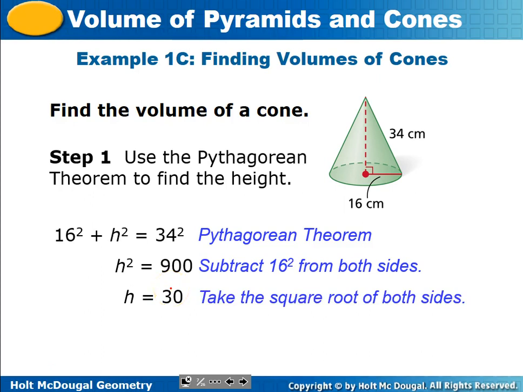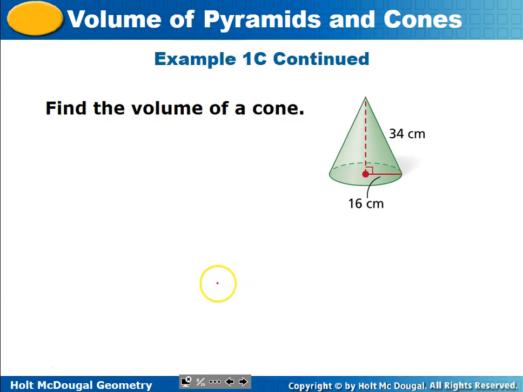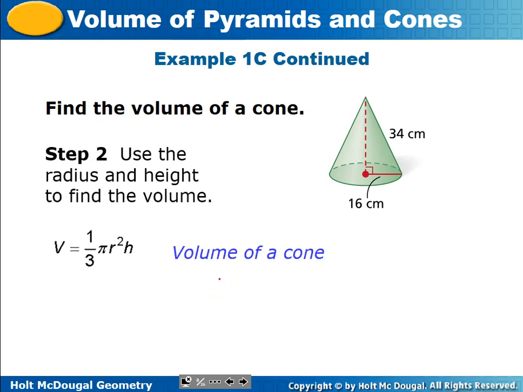So now we have that the height is 30. Now we have the radius and the height, so we can find the volume of this cone. We're going to again do our 1/3 pi r squared h. And as I've said before, I'm going to do it like this: 16 squared times our 30, divide that by 3, and have our pi at the end.